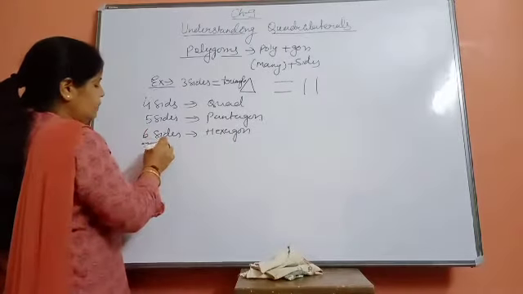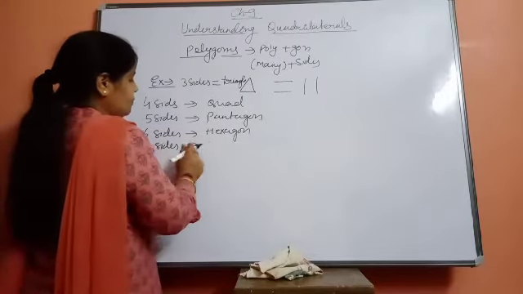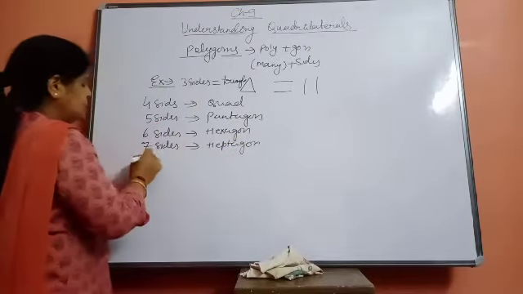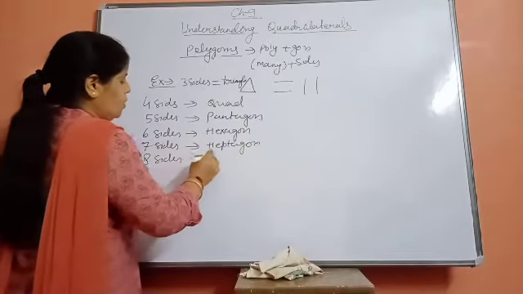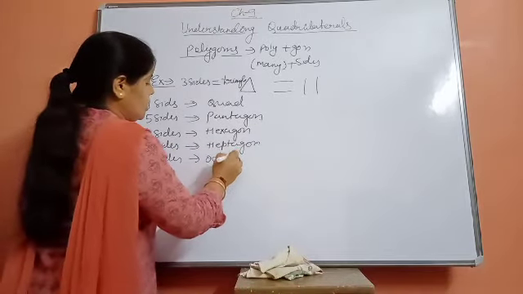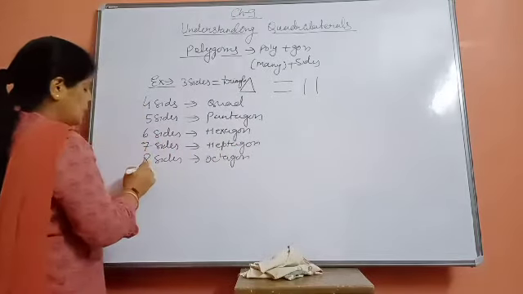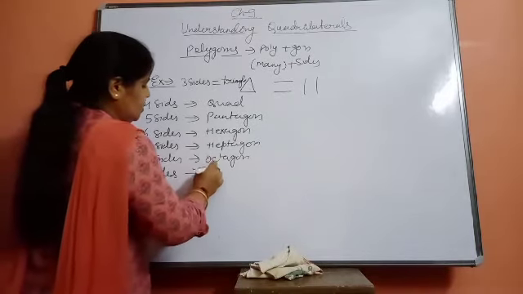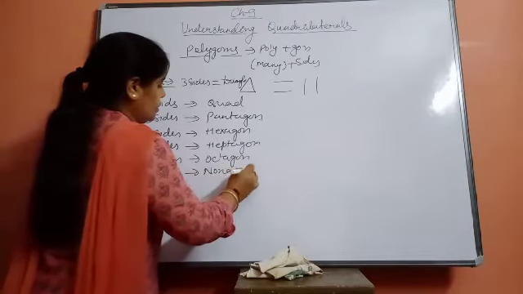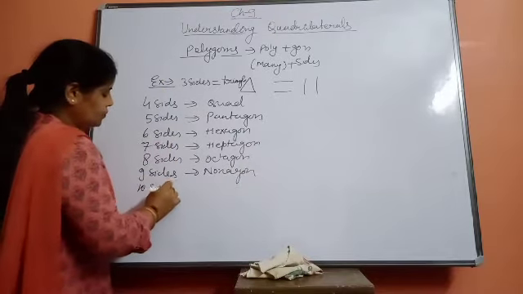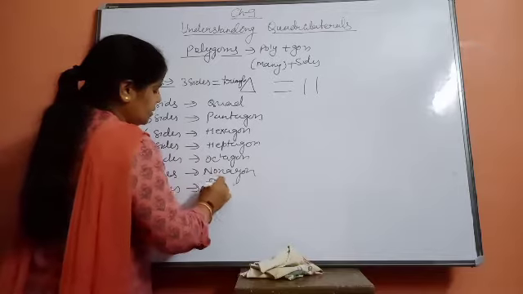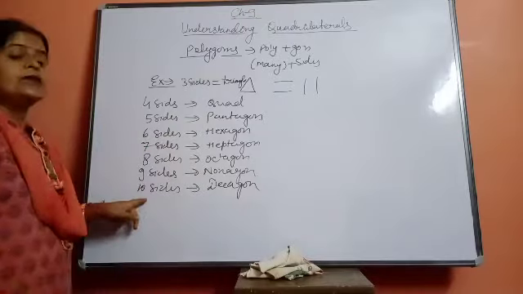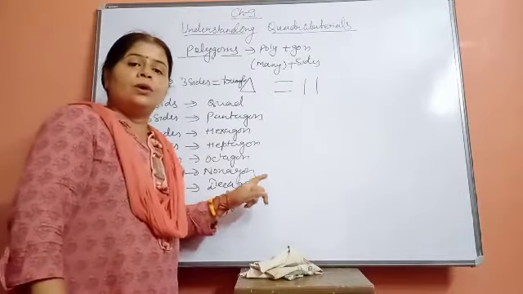Seven sides, heptagon. Eight sides, octagon. Nine sides, nonagon. And for ten sides, the figure is known as a decagon. Only up to ten sides polygons we are going to learn here.